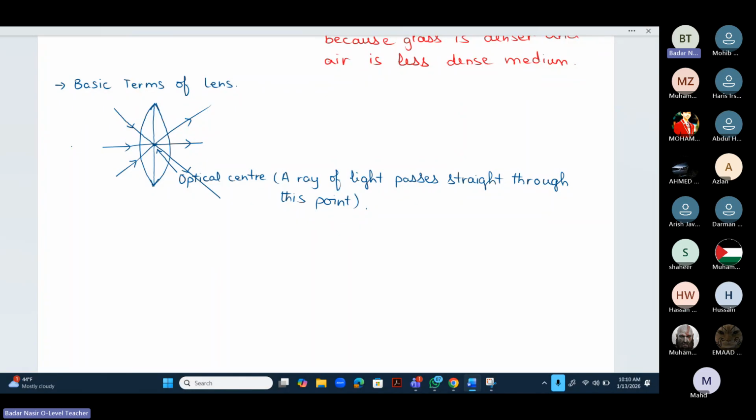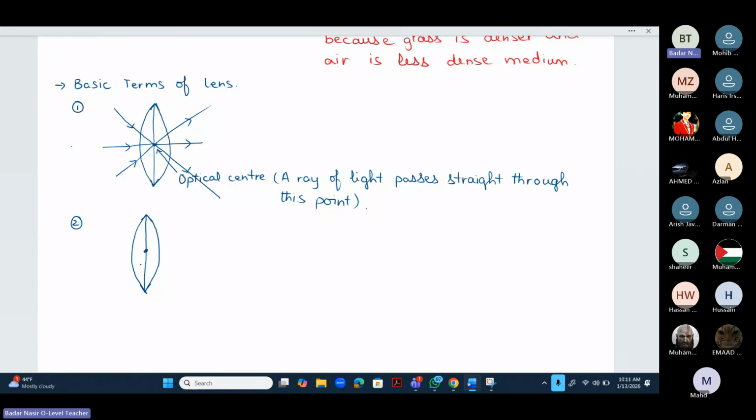Now, what is the principal axis? That was the first thing, the optical center. Now let's talk about what a principal axis is. That is your convex lens.